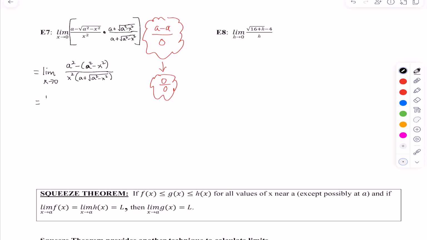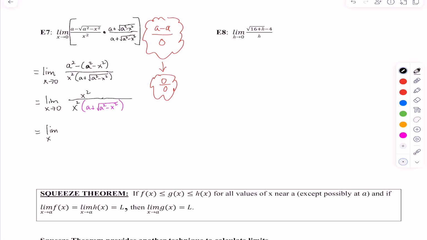So the numerator is fascinating. The numerator is actually just an x squared. And we're going to go ahead and keep simplifying using our algebra. Simplify any common factors. We do have one.